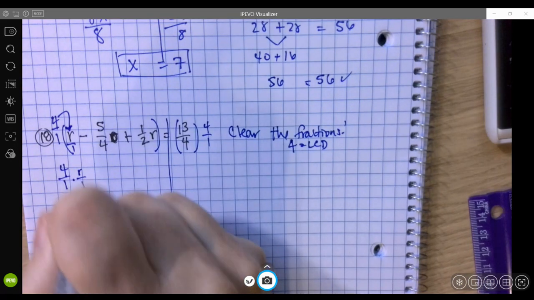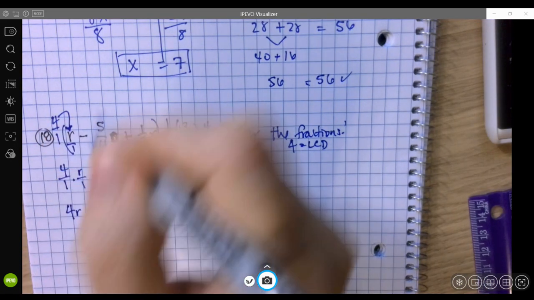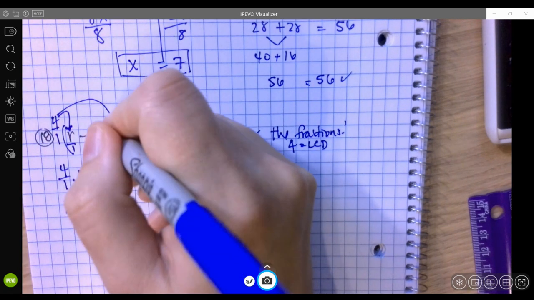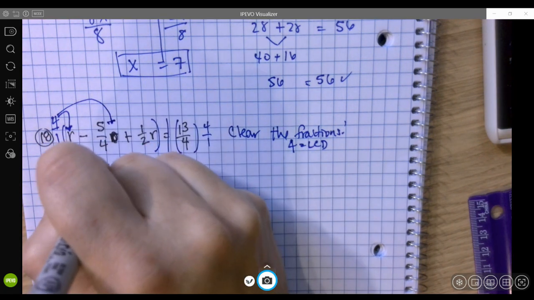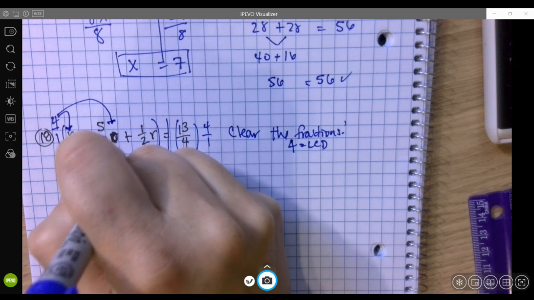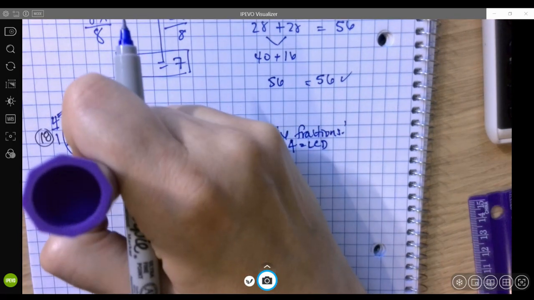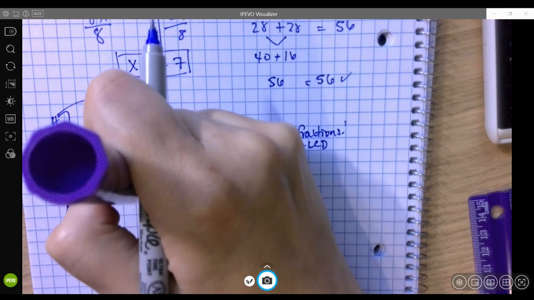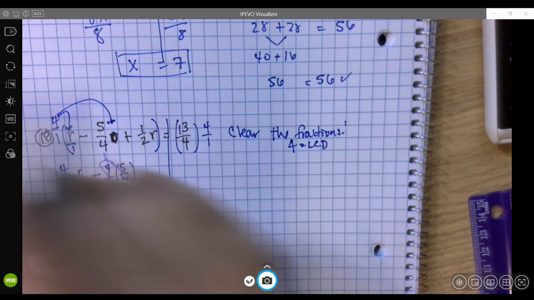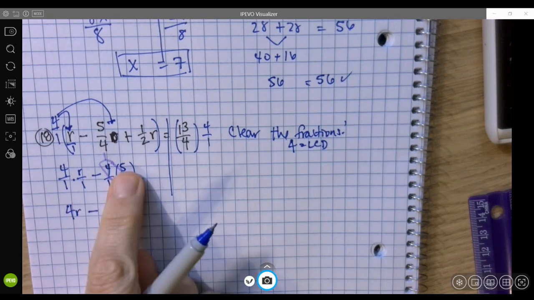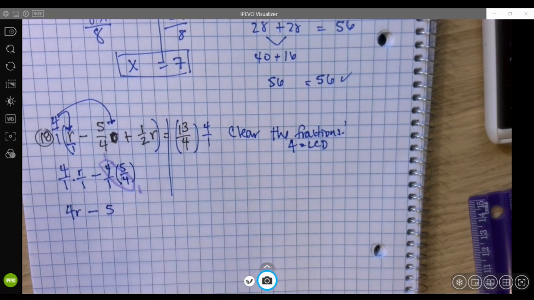Okay. And then the next operation is subtraction. So then I'm going to subtract 4 over 1 times 5 over 4. And you can notice 4 on the numerator, 4 on the denominator. That's 1 over 1. So that's going to be 5. If you didn't notice that, 4 times 5 is 20. 20 divided by 4 is still 5.